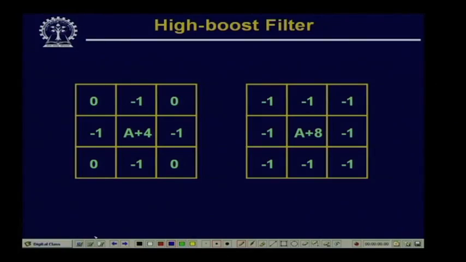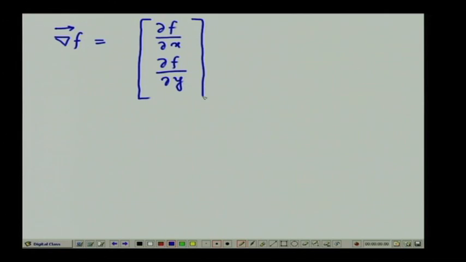Now, the way we obtain the first order derivative of an image is by using the gradient operator. The gradient of a function f is a vector, which we write as (del f/del x, del f/del y).